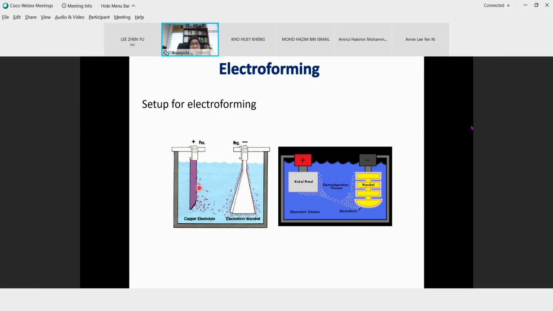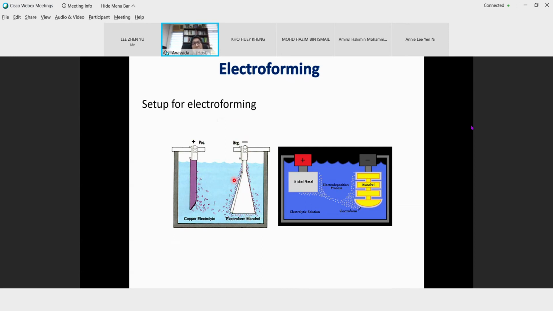After spraying, then only you conduct the electroforming process, or the same as electroplating. So this will oxidize and become, let's say if you want to plate nickel, for example, nickel plus, and nickel plus will receive electrons from the anode and form nickel atoms. So they will be deposited in this area.